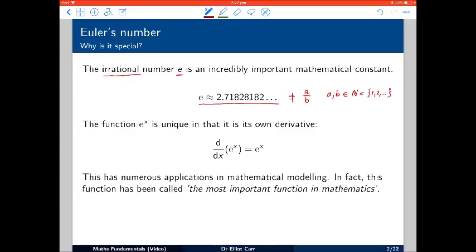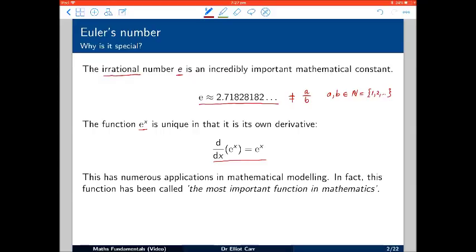Okay, and this number is very special because if I take this number and raise it to the power of x, and consider the function e to the x, this is a special function because it's the only function in mathematics whose derivative is itself for all x. So if I take the derivative of e to the x with respect to x, I get the same function back.